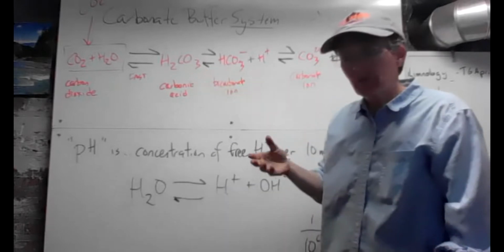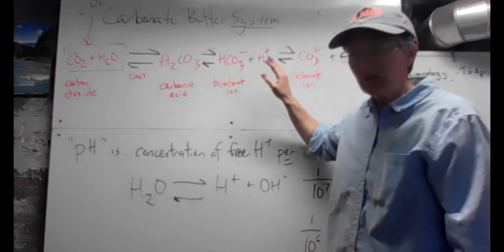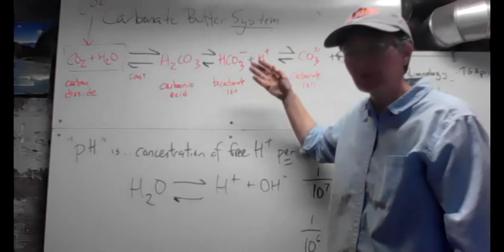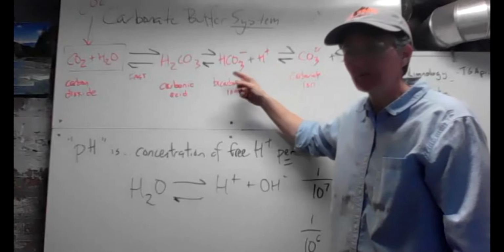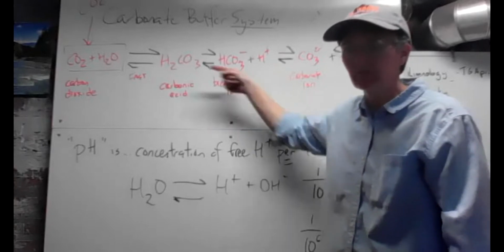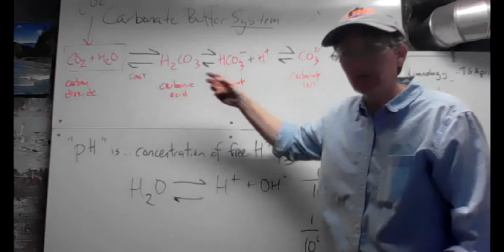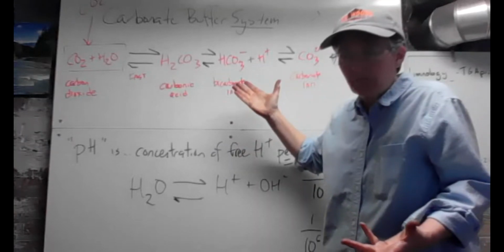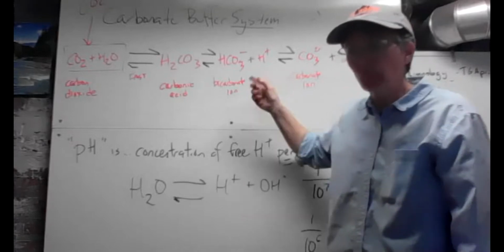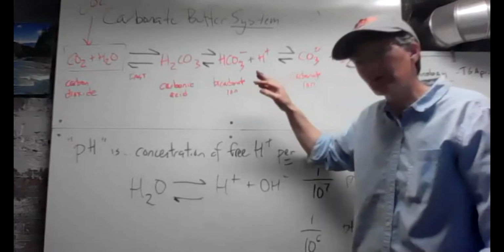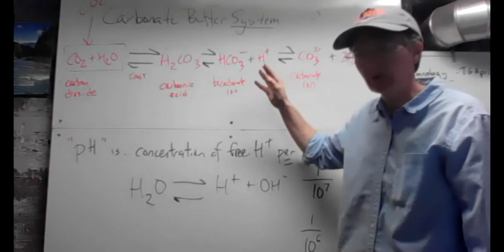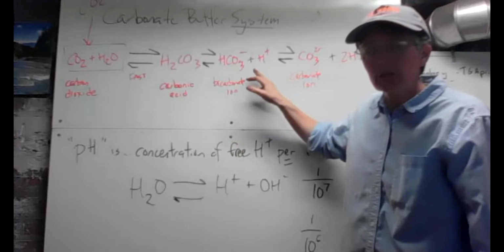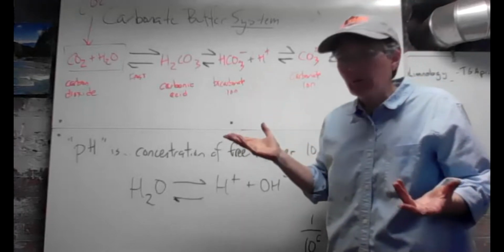And in fact, you can just keep adding protons, add acid, add acid, add protons, add protons. But all of those protons are going to stick to the bicarbonate ions and become carbonic acid. And then those protons are not in the water anymore. And if the protons are not in the water as protons or loosely held by hydronium ions or whatever, then the pH doesn't go up.